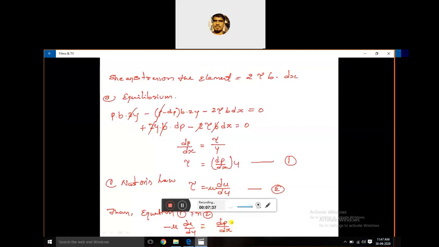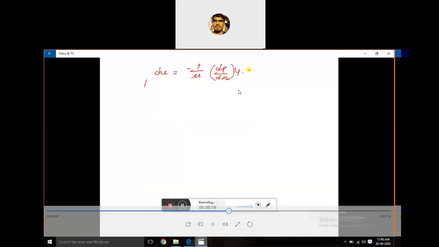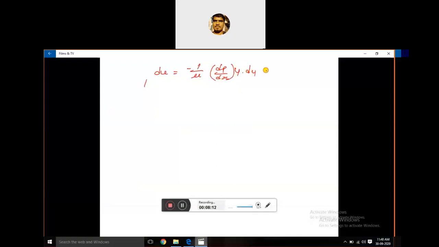And rearrange the terms and apply integration. I just sort out one side du and other side minus 1 by mu dP by dx y into dy. Call it equation 3. Apply integration for equation 3.